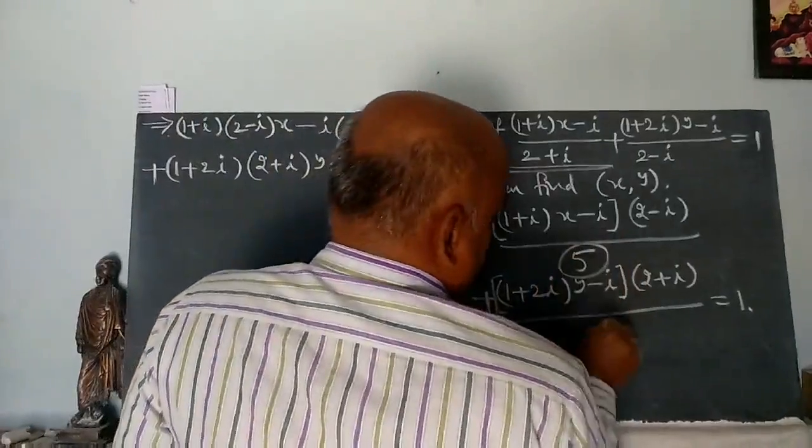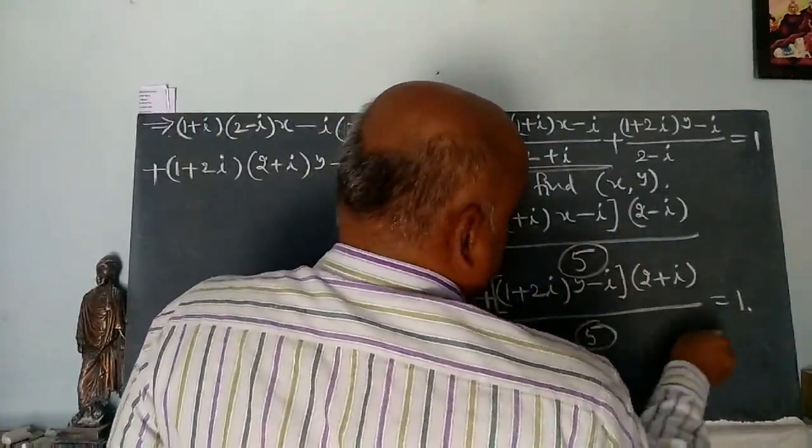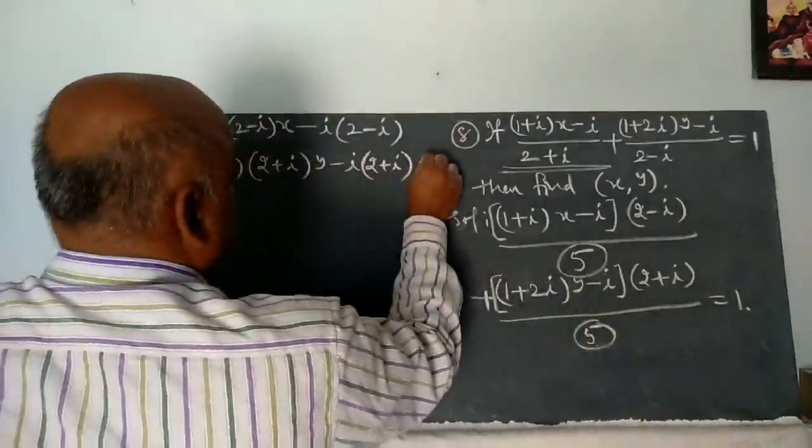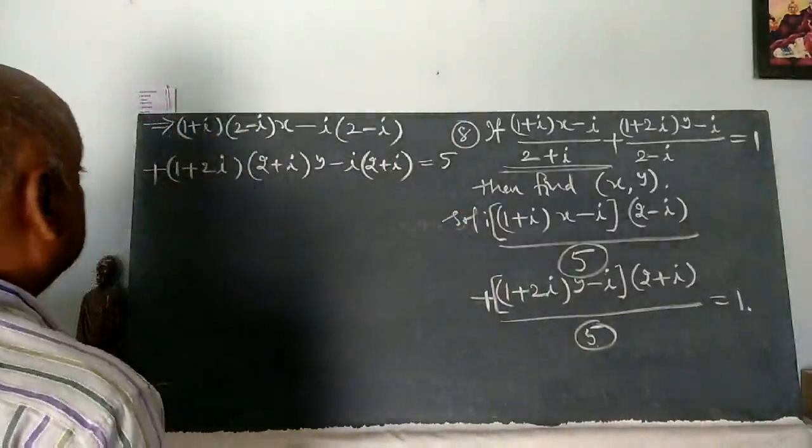Here 5 is the denominator, so taking the LCM, 1 into 5, which is equal to 5.